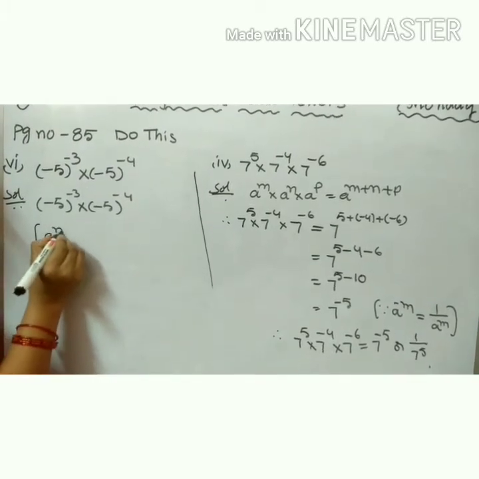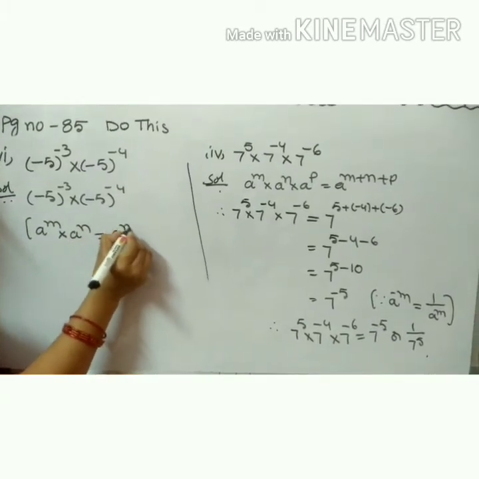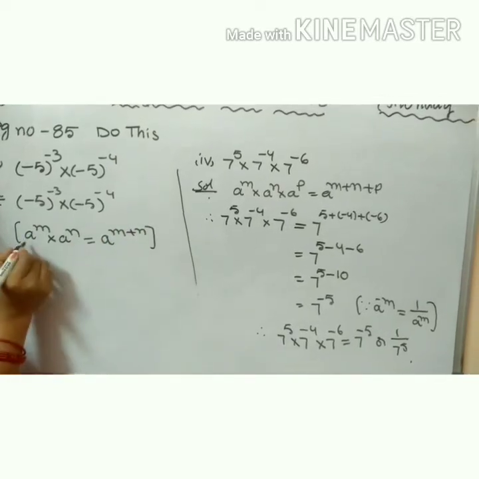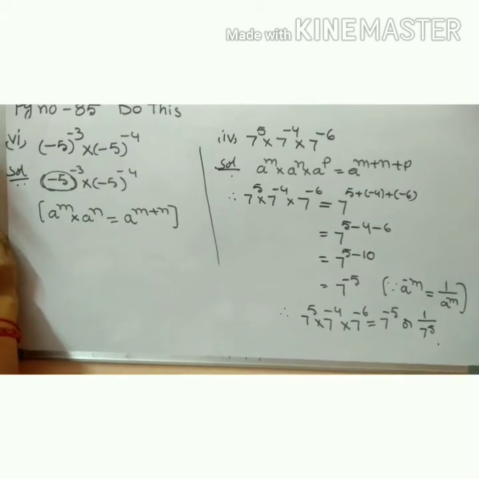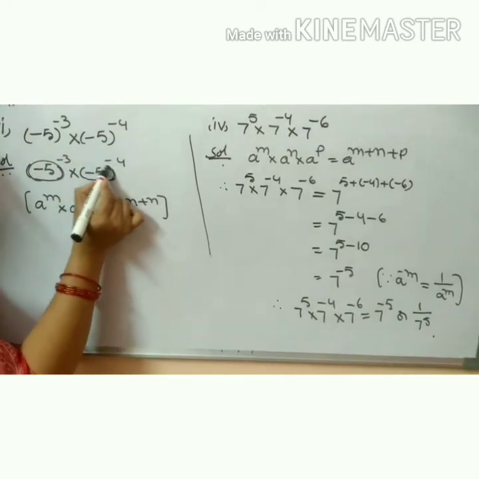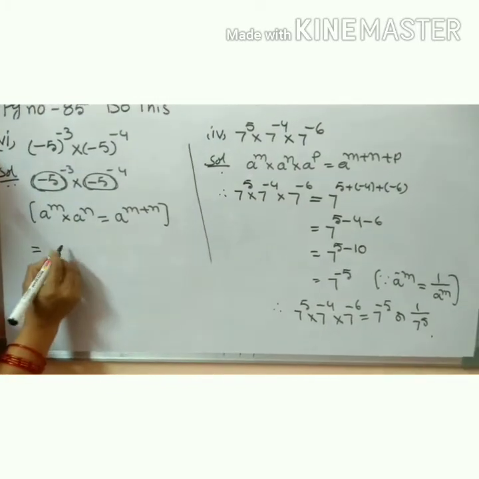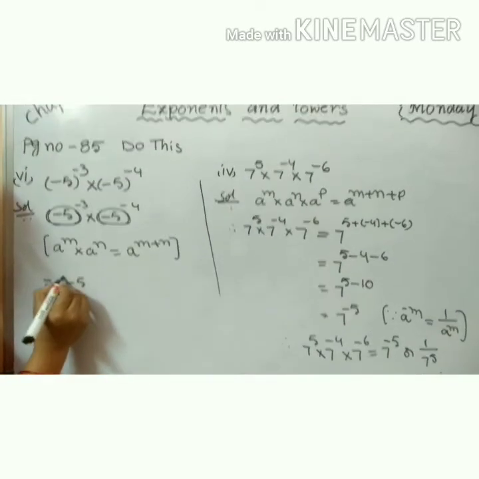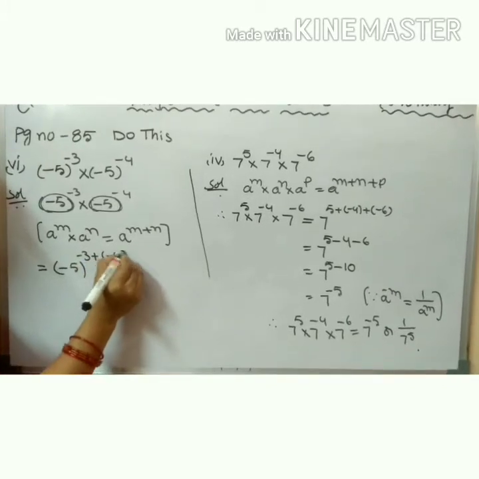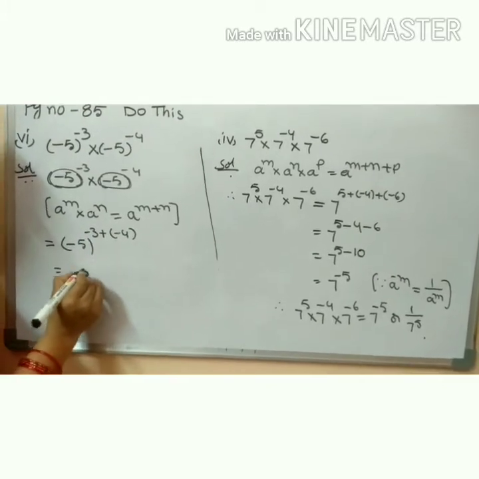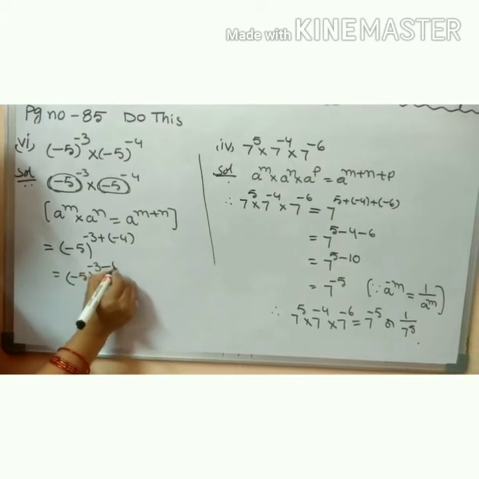Since a power m into a power n equals a power m plus n. In this case, minus 5 is overall the a, and it is also minus 5. Okay. Then you will write bases are same, then exponents are adding. So here minus 5 whole power minus 3 plus of minus 4, minus 5 whole power minus 3 minus 4.